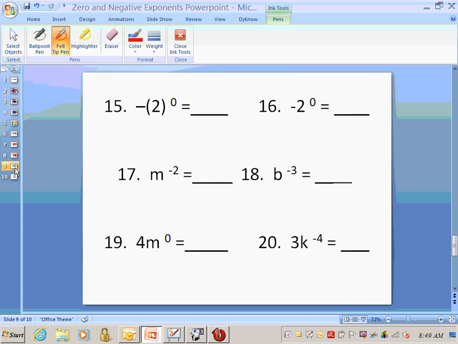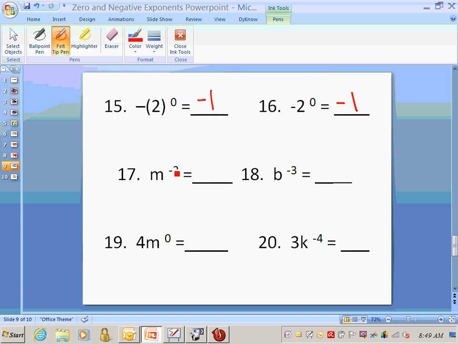Okay, 15, my answer is? Good. Negative 1. 16, my answer is? Very good. Negative 1. 17. Negative what? Negative anything? There's not a negative 2 here. There's not a number here. It's m, right? Yeah.